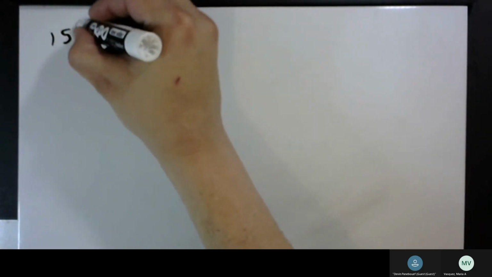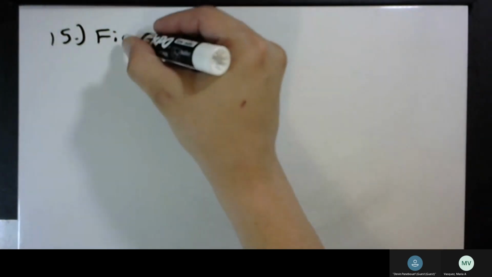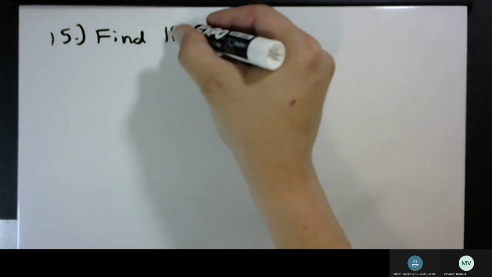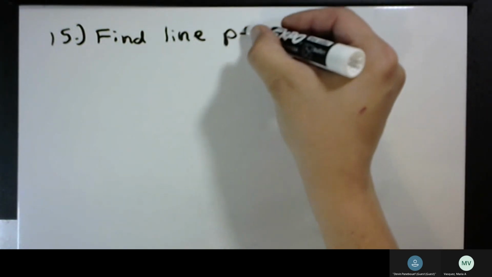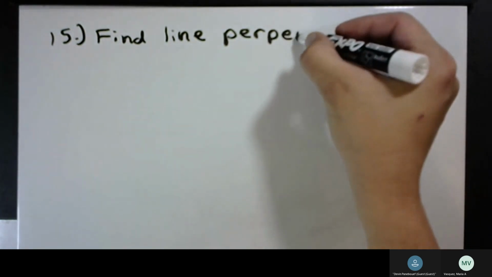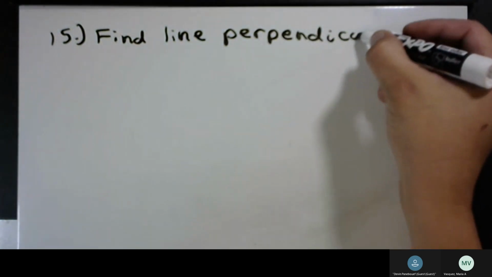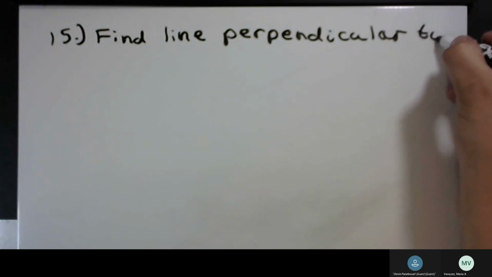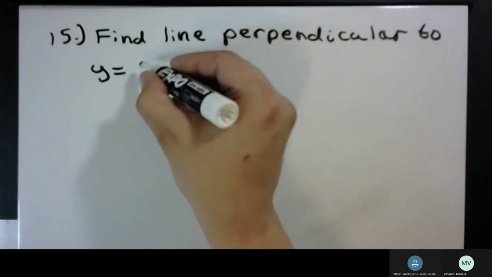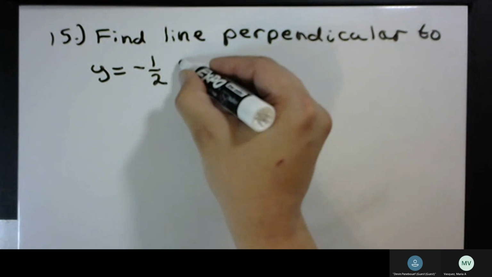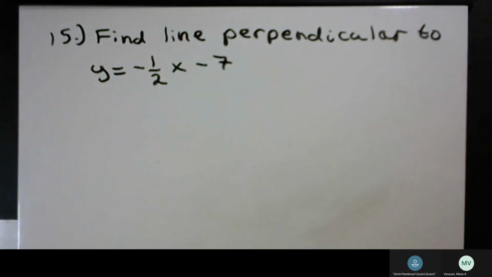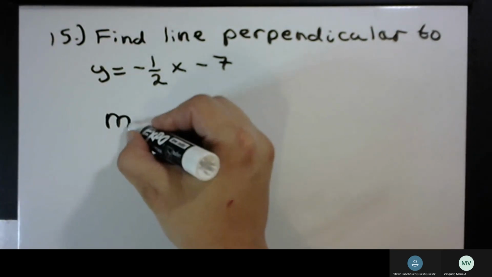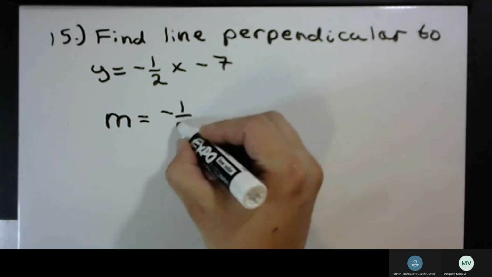Now let's say we have this question though. Let's find a perpendicular line. Now for a perpendicular line, so we have our slope, this is for our line.